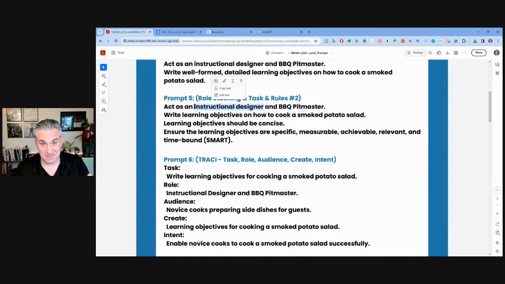But then we compound it by going in and leveraging this specific instruction here, right? Odds are somewhere in the domain, there is a definition of what a SMART formatted learning objective is. So you combine it with the words instructional designer and then the SMART format, you have a compound effect in regards to the probability that the learning objectives coming back are going to be in this format.